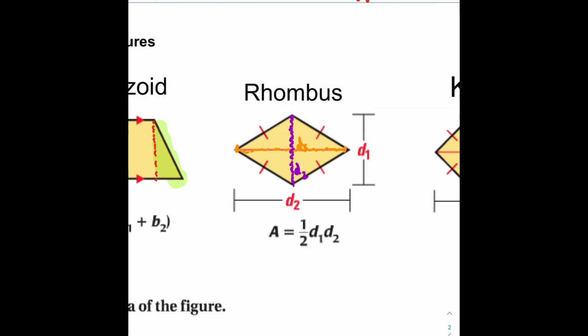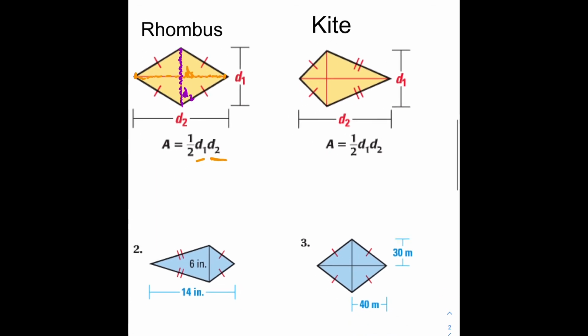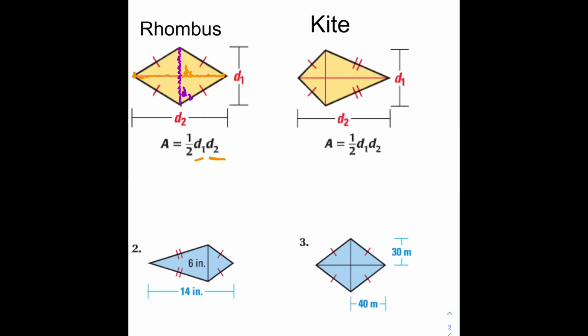It doesn't really matter as long as you're consistent, because the order of multiplication doesn't matter here. And the kite formula is exactly the same. Just know that kites have different properties. Kites have 2 sets of congruent sides, so it's a little different, whereas rhombuses have all 4 sides.